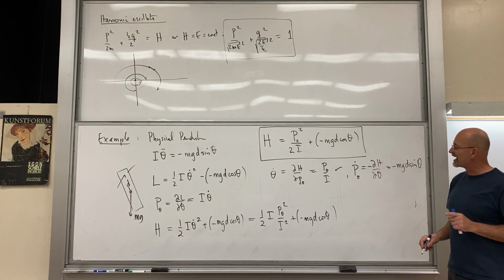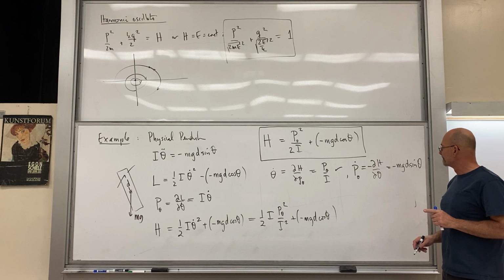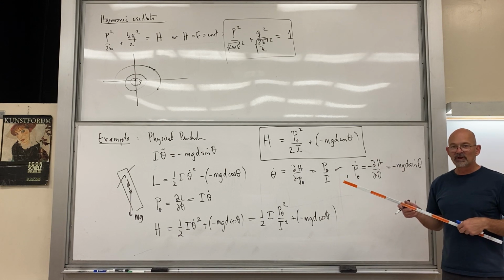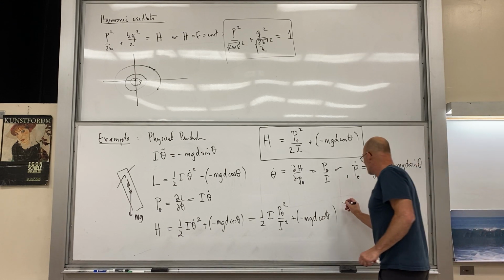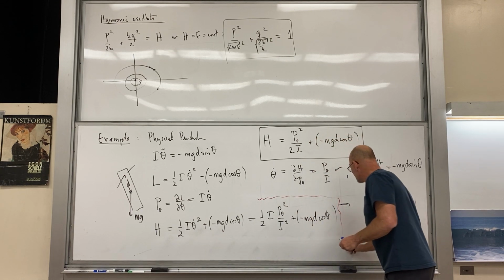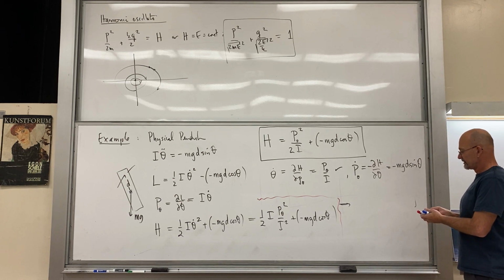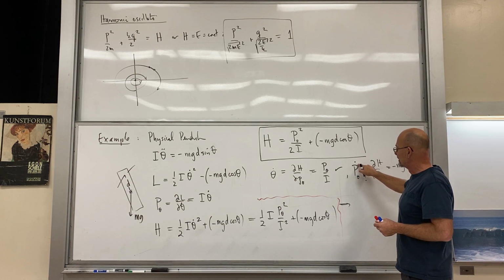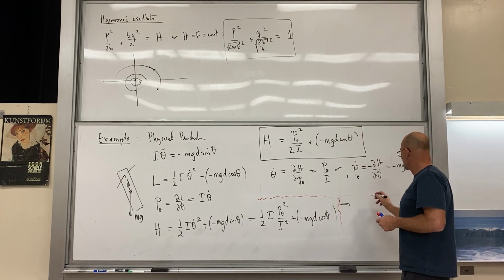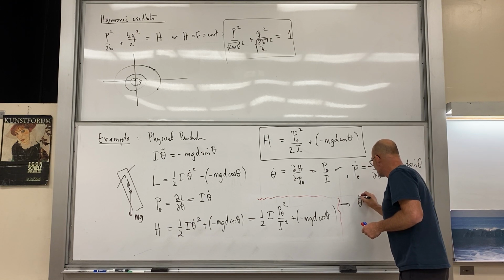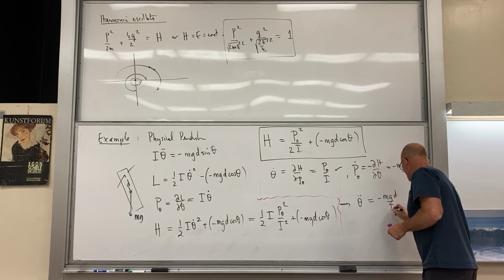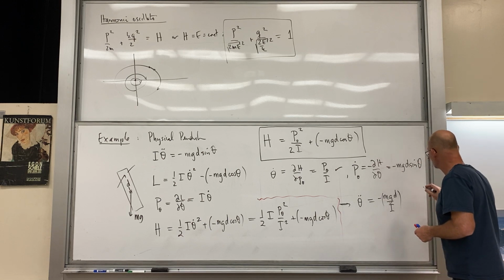Well, we want to do the analysis. And again, if you plug these equations of motion together, then you're back to the original. Now let's go ahead and do that just for completeness. Make a little boundary here. So P sub theta dot is I theta double dot. Okay, so we have theta, the second derivative, is equal to minus mgd divided by I sine theta.